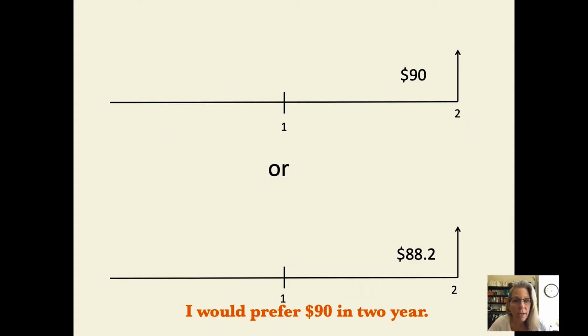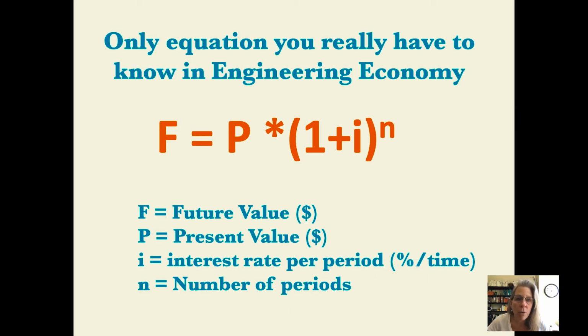So now again, the time periods are the same, and I can compare. It would be $90 in 2 years or $88 in 2 years, and we would still prefer $90 in 2 years. So what I've just gone through is sort of a logical justification of really the only equation that you'll need to know in engineering economy, which is the future value.